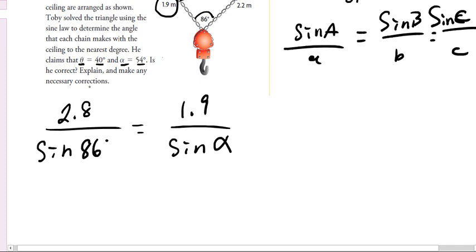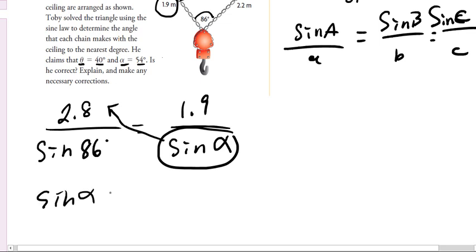All right. So if we're going to solve for alpha, we need to get the alpha function all by itself, positive, in the numerator. Those are the rules for isolating. Multiply both sides by sine of alpha times 2.8.